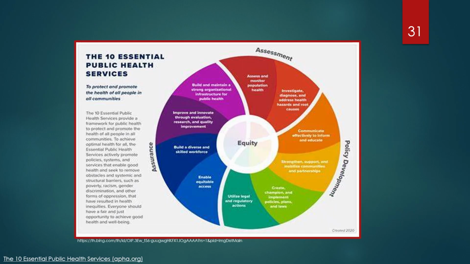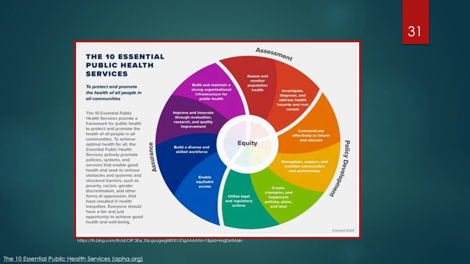Most of the services provided by state health departments fall under the 10 essential public health service categories. 1. Assess and monitor population health. 2. Investigate, diagnose, and address health hazards and root causes. 3. Communicate effectively to inform and educate. 4. Strengthen, support, and mobilize communities and partnerships. 5.